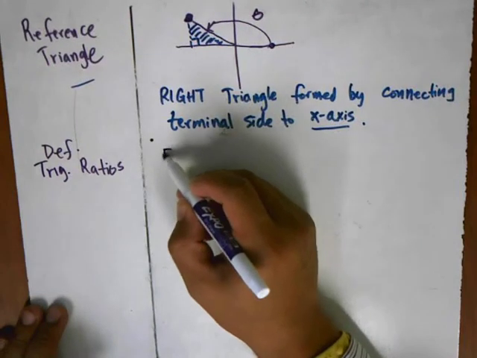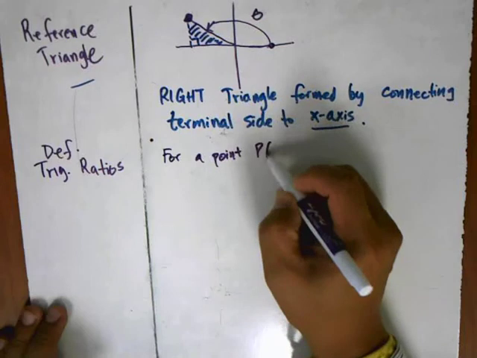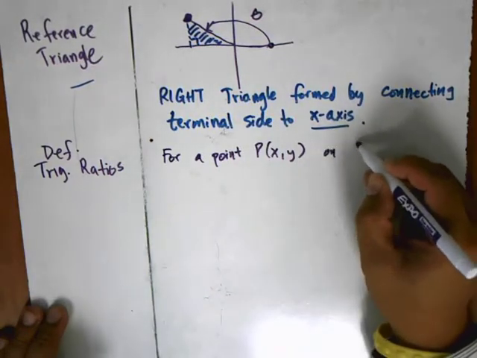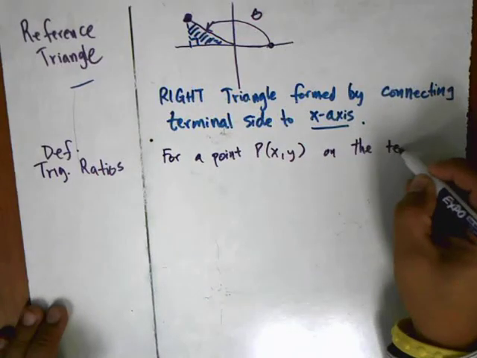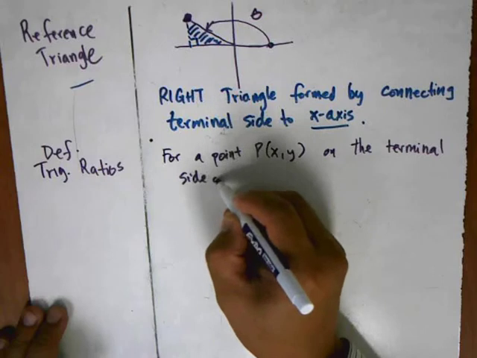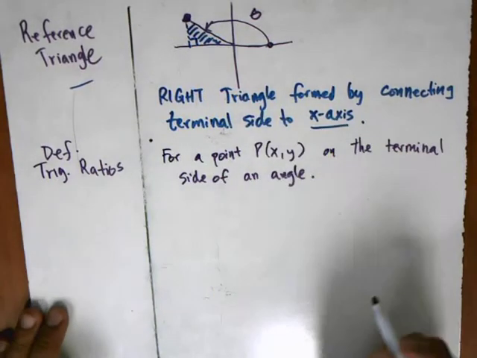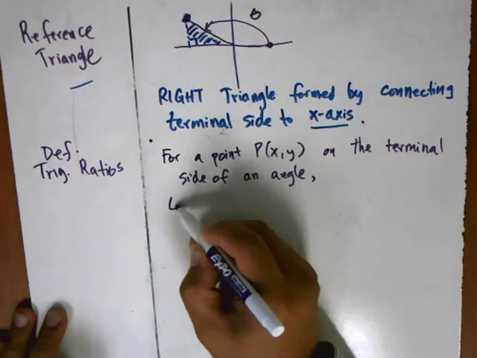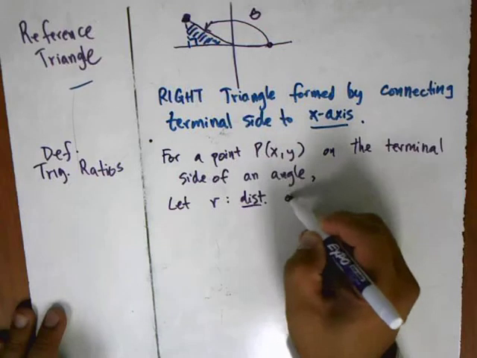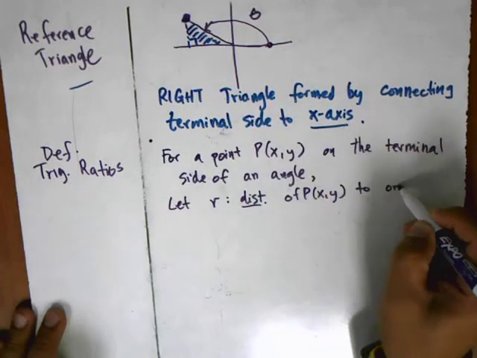So we're going to say for a point P with coordinates x, y on the terminal side of an angle, and we're also going to say let r be the distance of x, y, or P, to the origin.